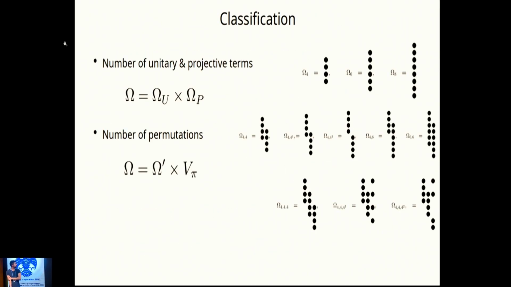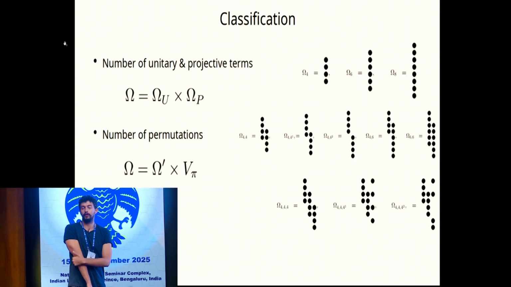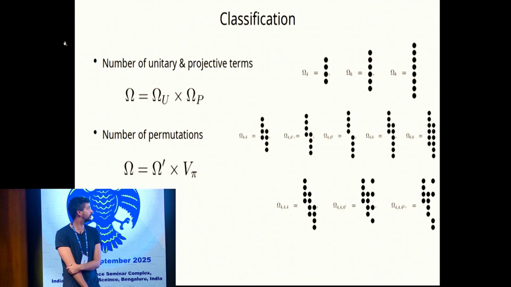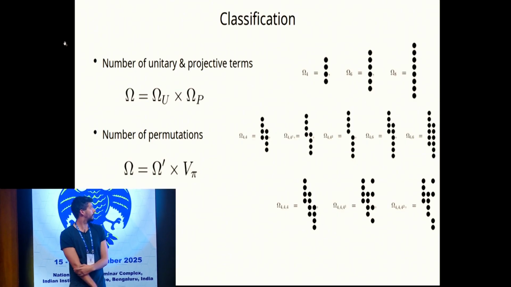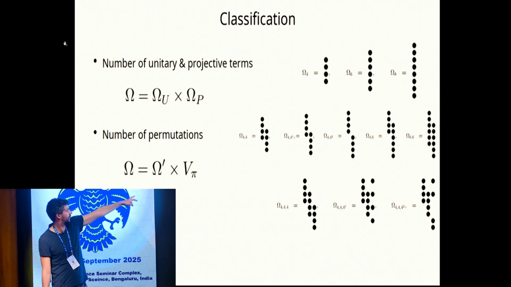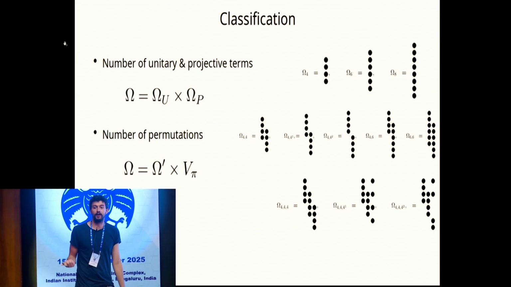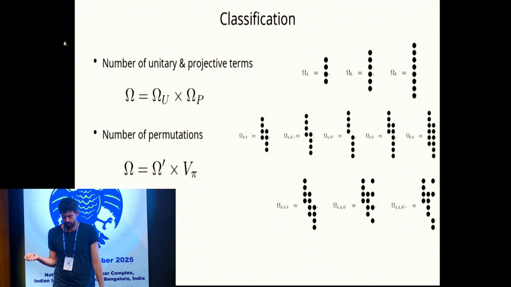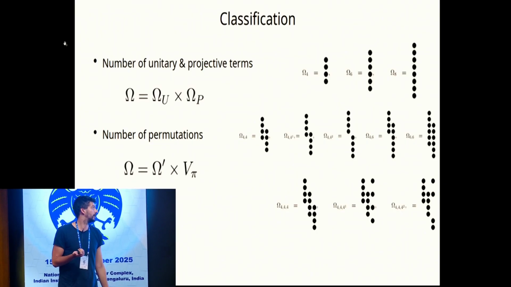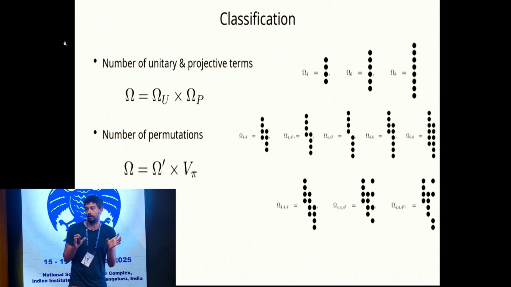So we can use this to classify all elements in the commutant. As I mentioned before, the main classification is whether they are unitary or projective. Again, for instance, when it comes to magic state resource theories, we cannot measure the projective operators effectively.